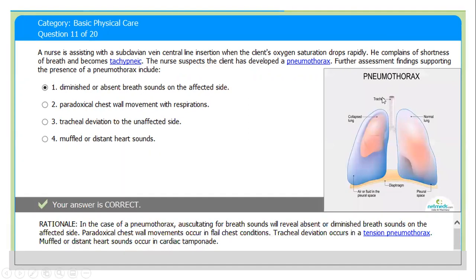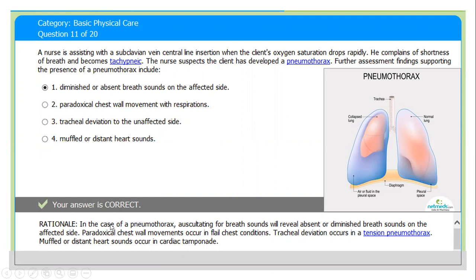In this picture, this is the trachea, and this is the lung, right side. Because of the air or fluid, the lung is collapsed, pneumothorax or hydropneumothorax.